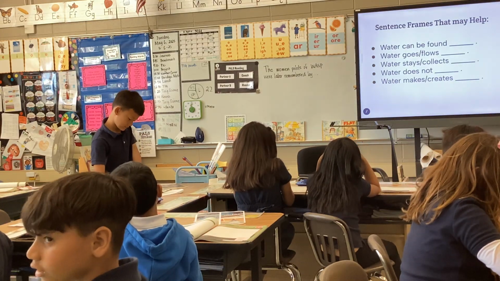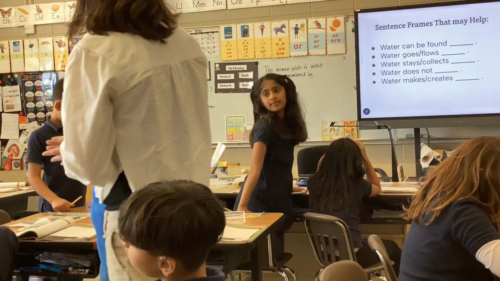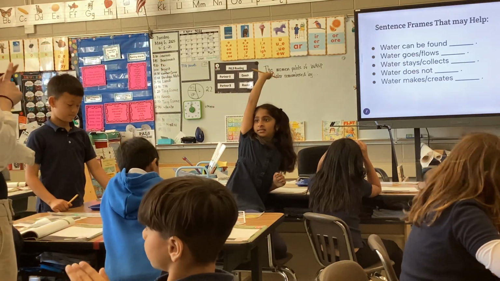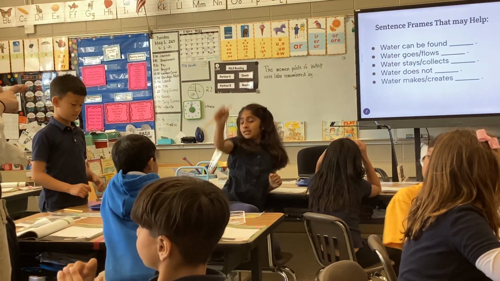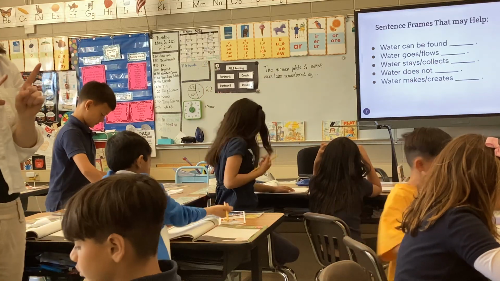Okay, I'm going to walk around and see. So, for people who need help, what's the first thing you noticed when you poured the water down the mountain? Don't tell me. Write it. First thing you noticed.